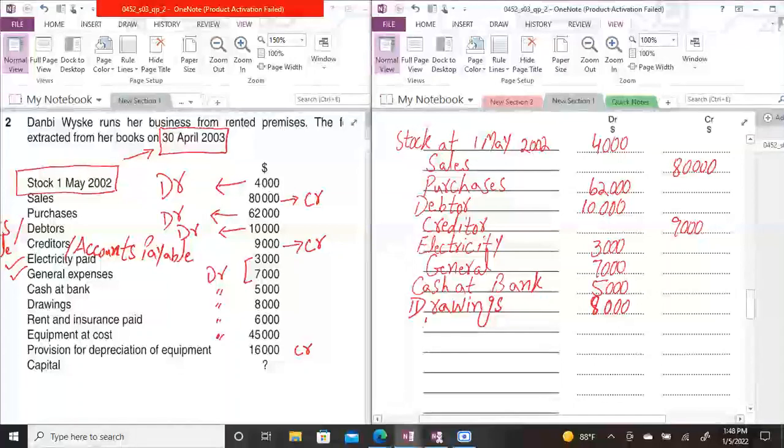Rent, and insurance, expenses of the business.